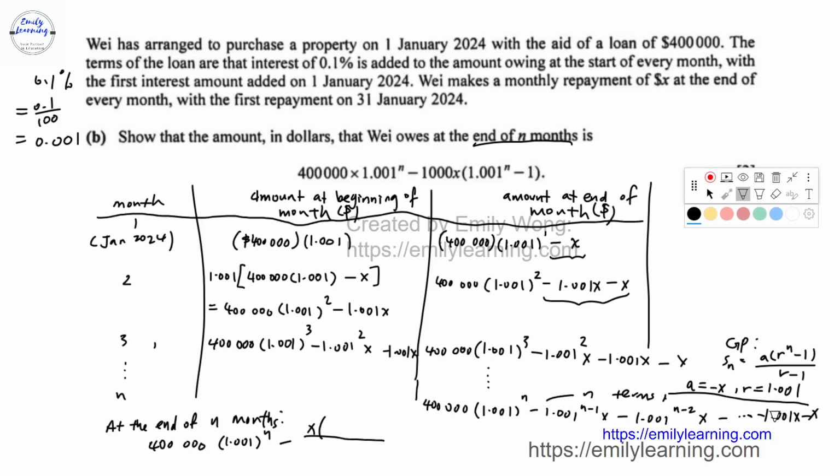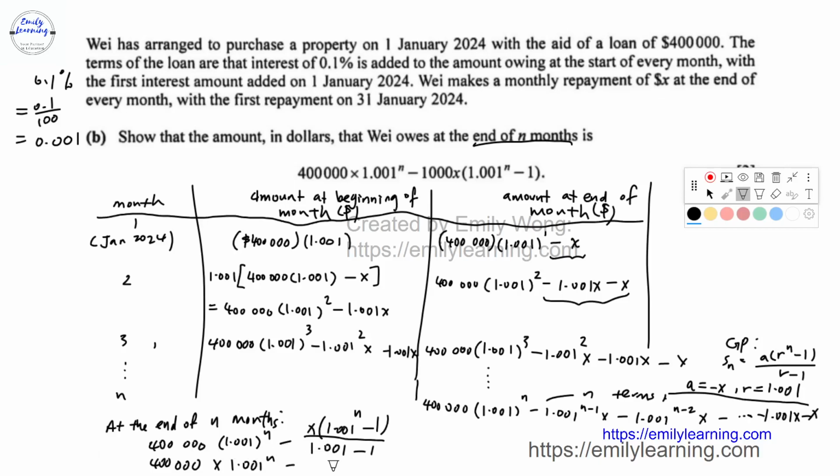R to the power of n, so the common ratio is 1.001, to the power of n, minus 1, over r, which is 1.001 minus 1. So 1.001 minus 1 is 0.001. So this part I already got, right? So I'll write it the way the question gives me.